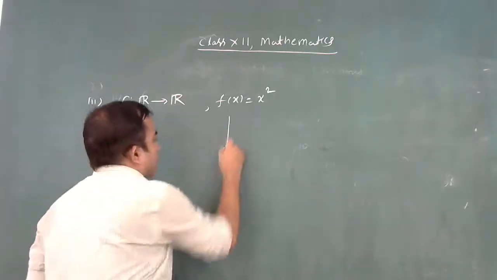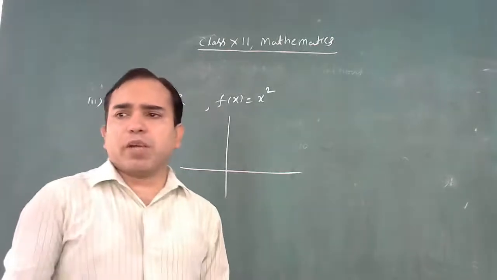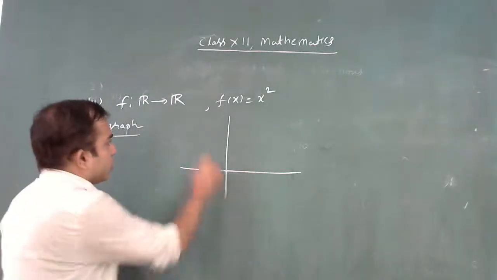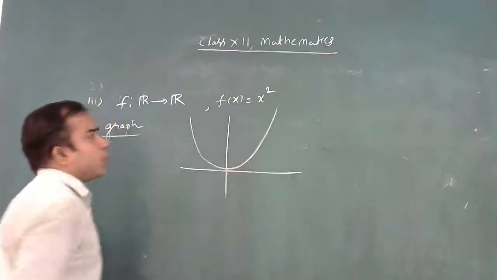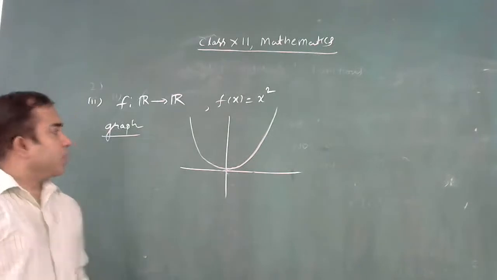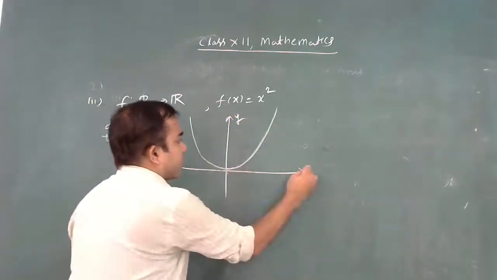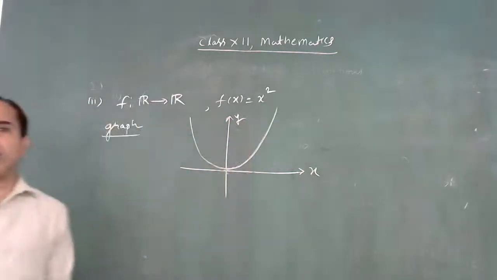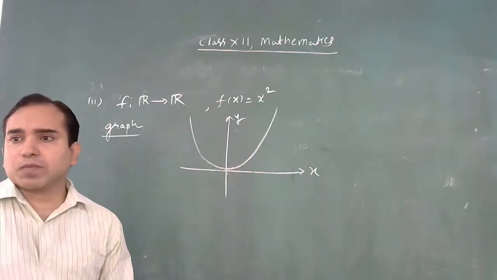First of all, let me draw the graph of f(x) equal to x square. f(x) equal to x square is a very popular, very familiar function. It looks like U, right? It always takes positive values, so it will always lie along positive y-axis, right? Then for oneness, there is a method that we applied and called as horizontal line test.